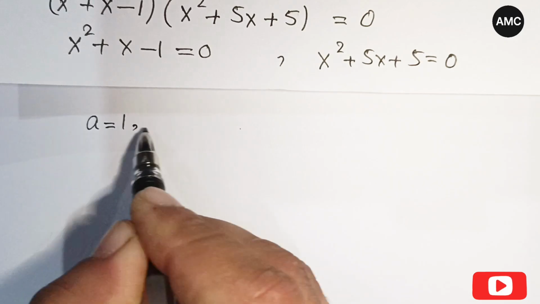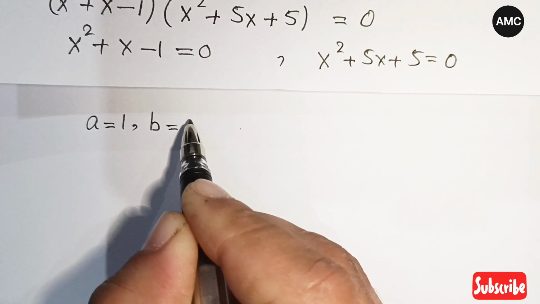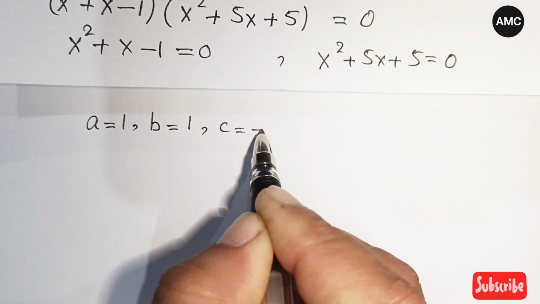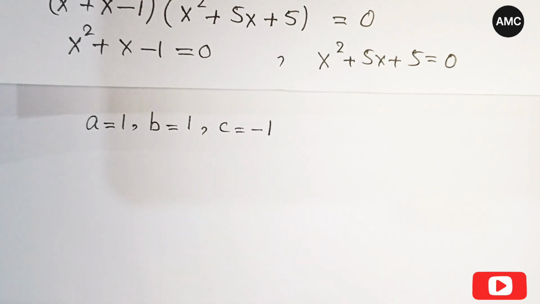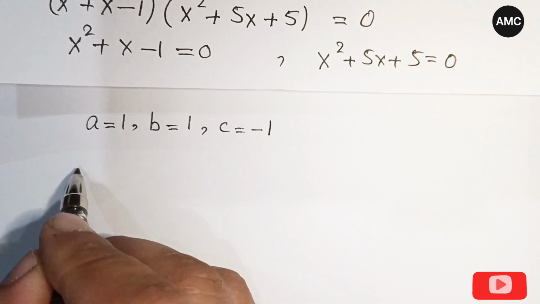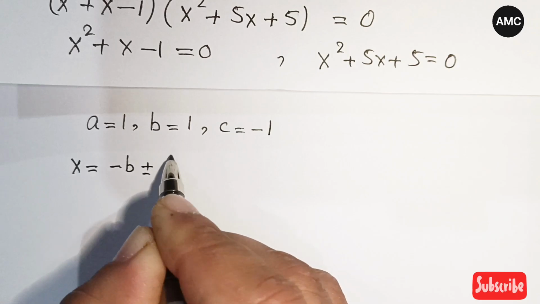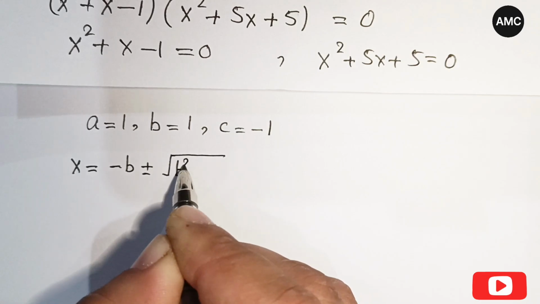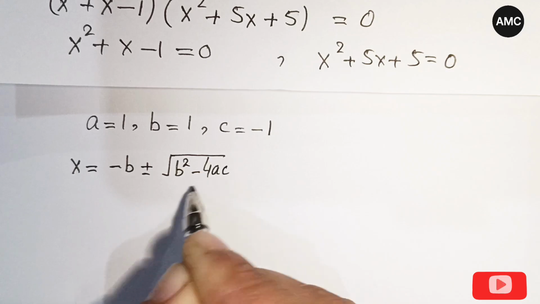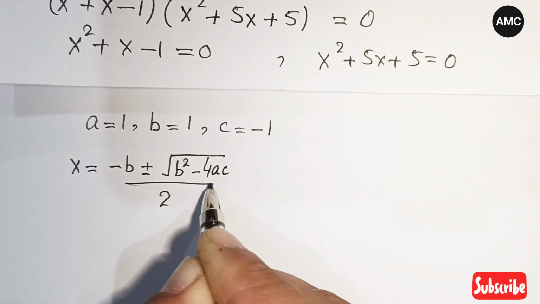Here the value of a is 1, b is 1 and c is minus 1. So by using the quadratic formula, x is equal to minus b plus minus square root of b squared minus 4 times a times c, all over 2 times a.